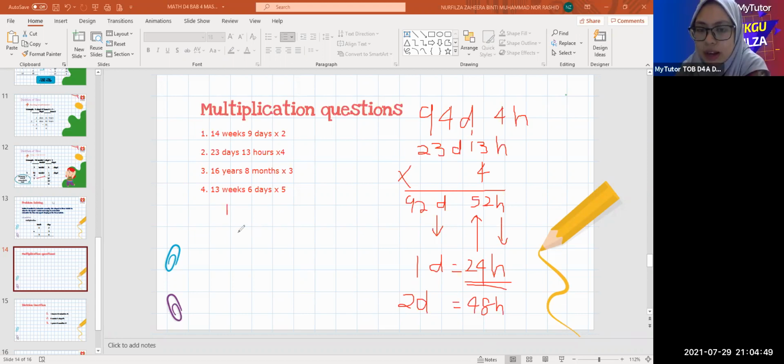Okay, now I think you can take 48 hours from 52. So buang 48 because you want to transfer. You tukar dia jadi hari. Transfer dia ke sini. So 52 tolak 48 berapa guys? How much? 52 minus 48 is equal to 4 hours.